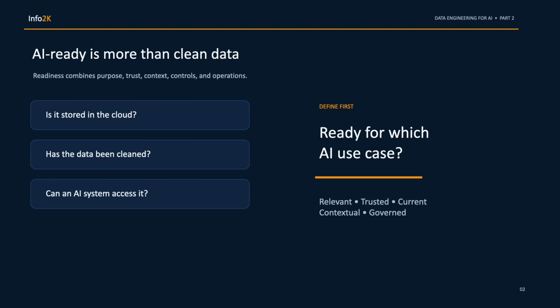They include access, trust, governance, and protections. So instead of asking, have we cleaned the data or can the model access it, ask, is this information suitable for this AI use case, for these users, under these risks and operating conditions? That question produces a much more realistic readiness assessment.